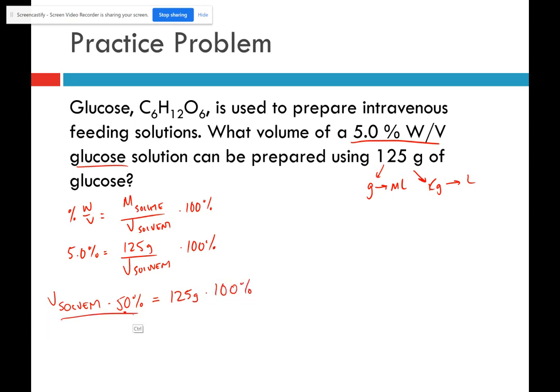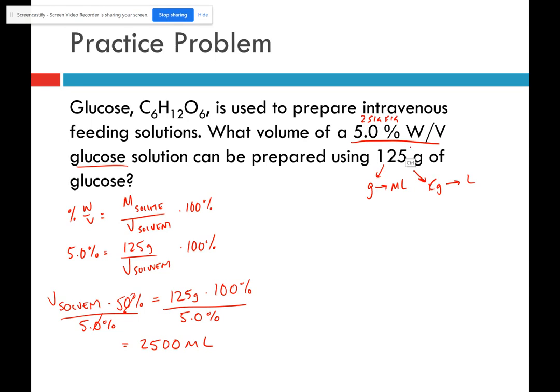And then to get volume of solvent by itself, I'm going to divide both sides by 5% to get rid of this, which is going to give me 2,500 milliliters.